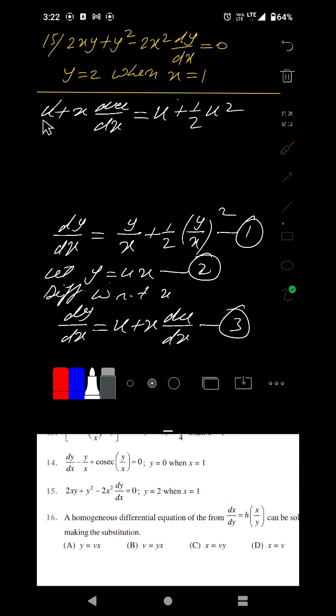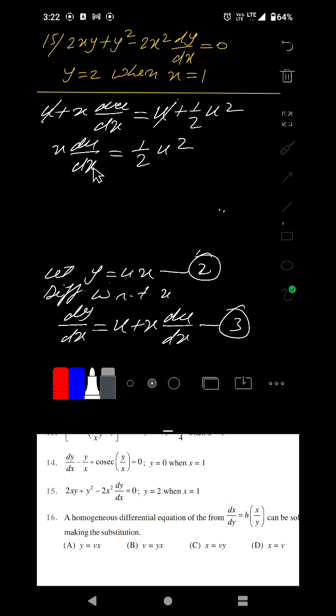Now this u positive and this u positive are cancelled with each other on opposite side of equality, and we have x du upon dx is equal to half u square. Now transposing u square to left hand side and x dx to right hand side, we have 1 upon u square du is equal to 1 upon 2 1 over x dx.